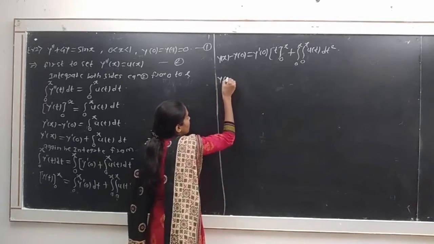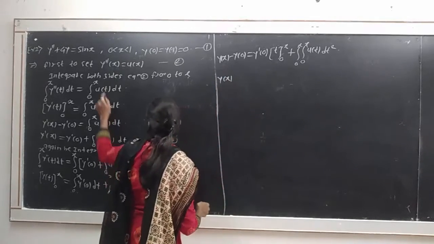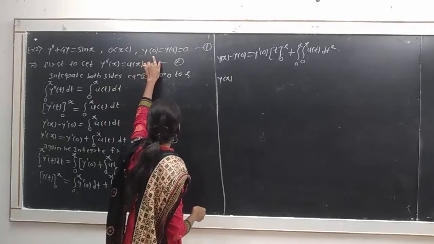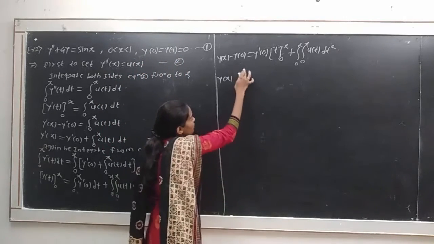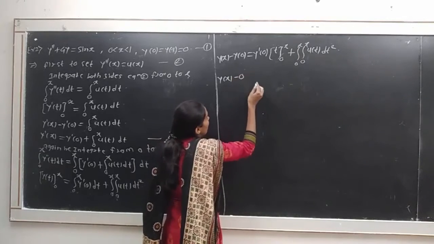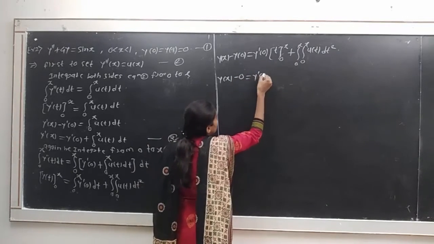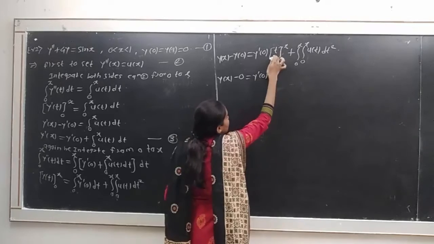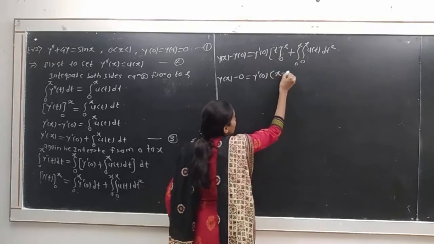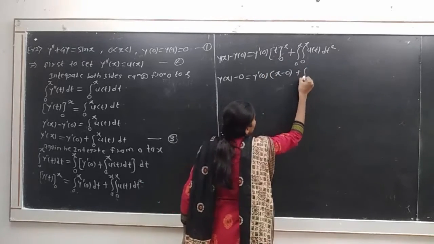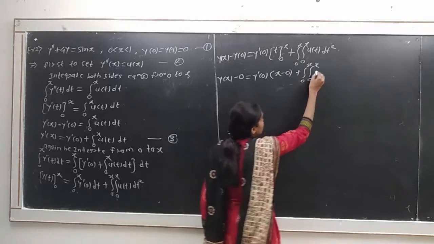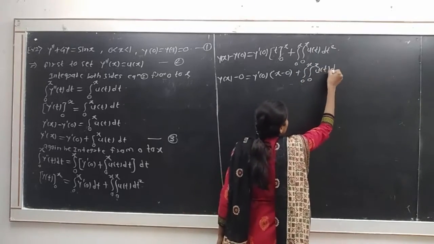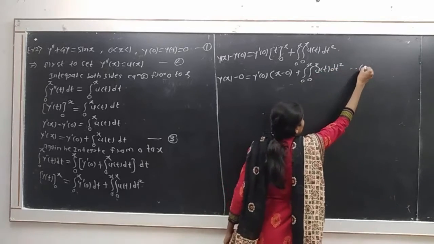Then for y of x, we are given two boundary conditions. The first one is y of 0 is equal to 0. We put this condition here, we get 0 is equal to y dash of 0 times, then by putting limits we get x minus 0, plus this double integral from 0 to x will be as it is, of u of t dt square.